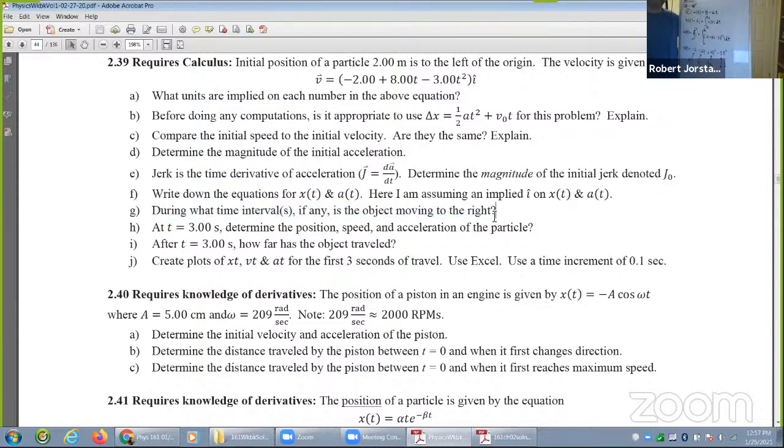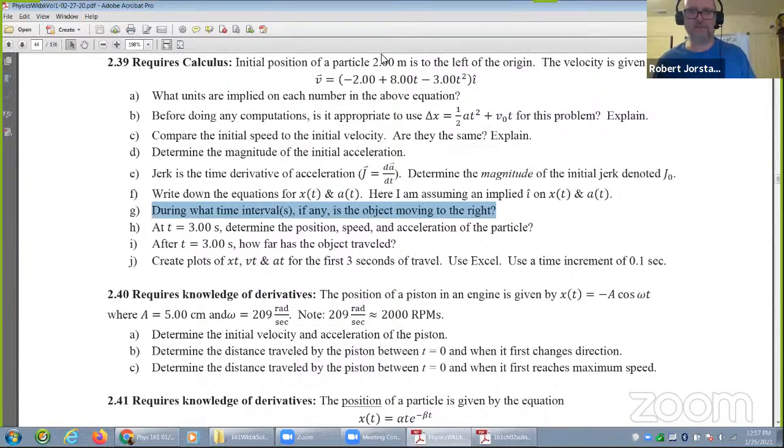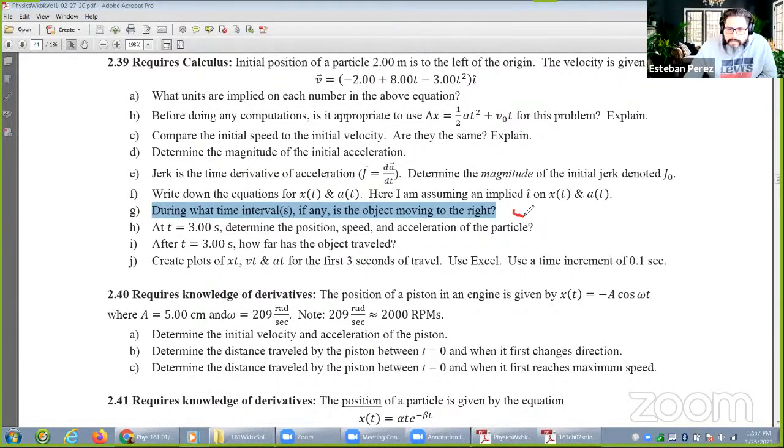So what does this question mean? Is the object moving to the right? What time intervals? What am I really asking there? Could you rephrase that in terms of these symbols, maybe? So when velocity is positive?